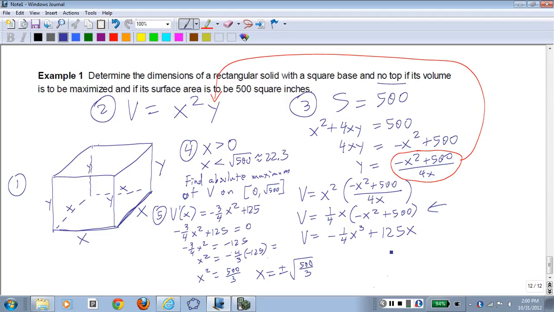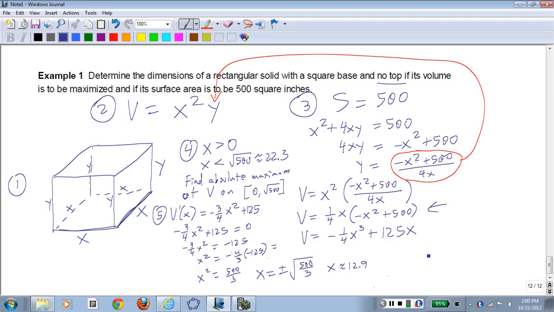12.9. So x is about, we'll call it 12.9. I'd like to believe that this is not the location of a relative minimum. But I think all I have to do is plug it in and see, calculate the volume.